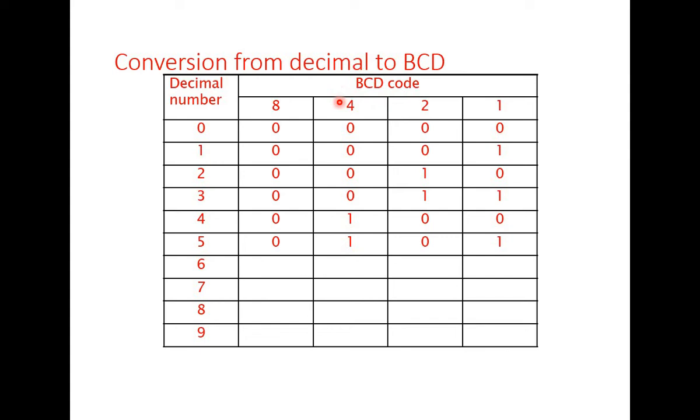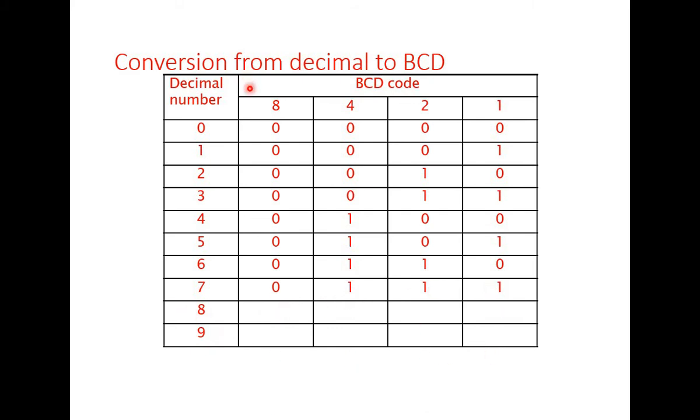For 6 we consider the positional weight 4 and 2. So the addition of 4 and 2 becomes 6 and the remaining positional weight becomes 0. So we write as 0110. For 7 we require the positional weight 4, 2 and 1 becomes 1 and the positional weight 8 becomes 0. So we write as 0111.